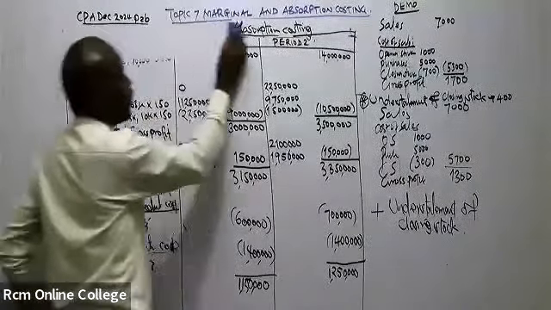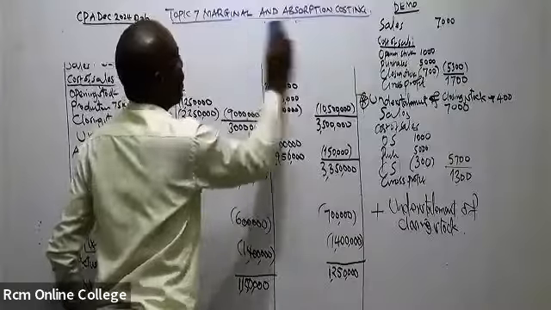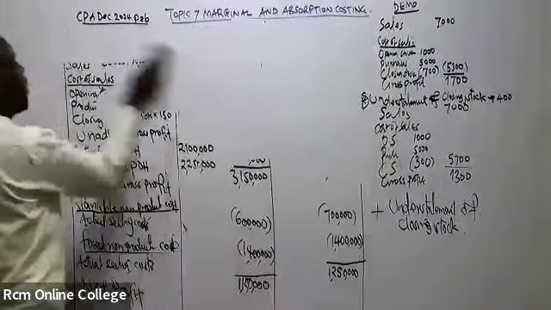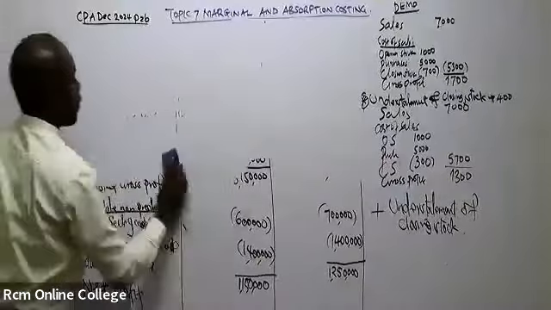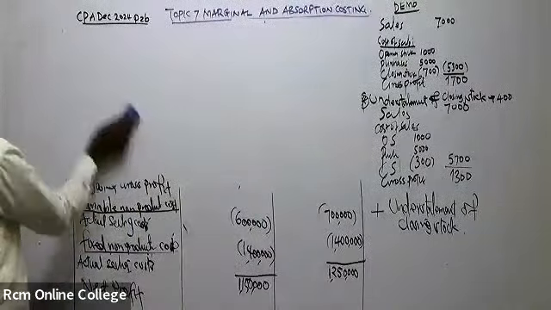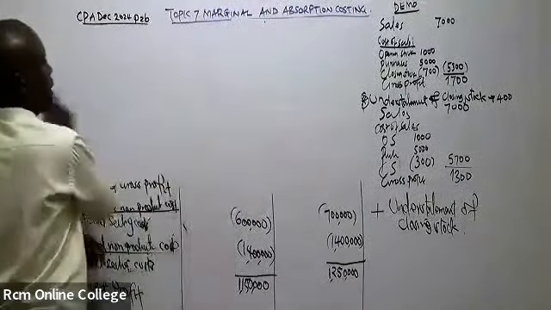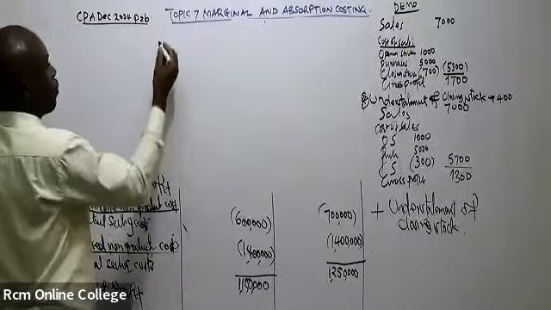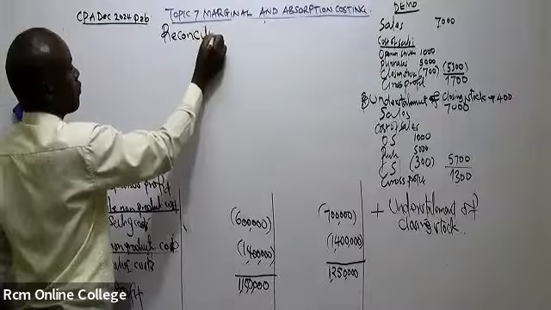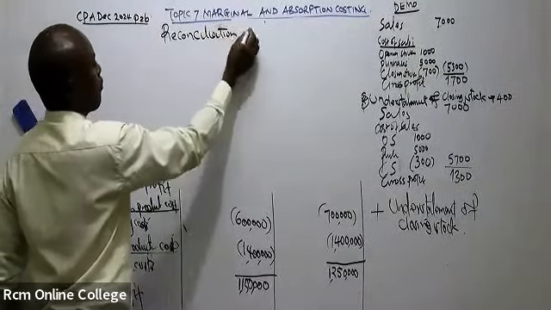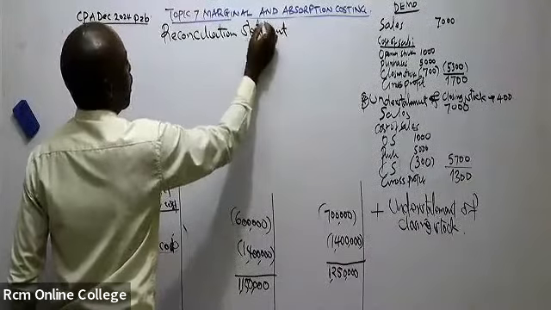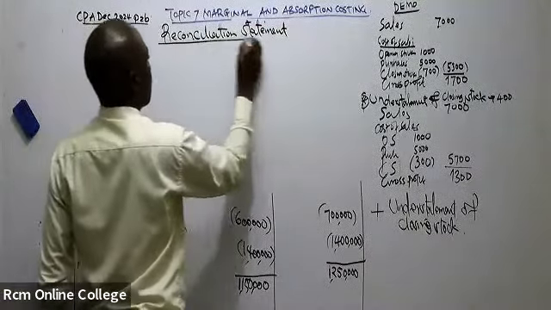That takes me to what we call a reconciliation statement. I want us to put what we have learned there into writing. It's very unfortunate I've been forced to do away with that data, but we are now coming up with what we call reconciliation. Reconciliation statement.